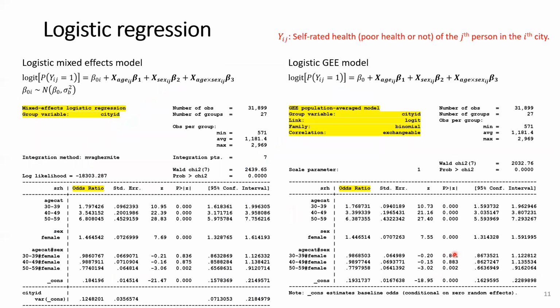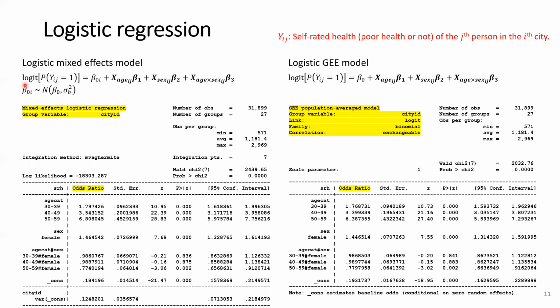Then, for demonstration purposes, first of all, I fit the logistic model. And this is an equation for when we use a mixed effect model. And this is an equation when we use a GEE model, which I touched on a little bit last year.